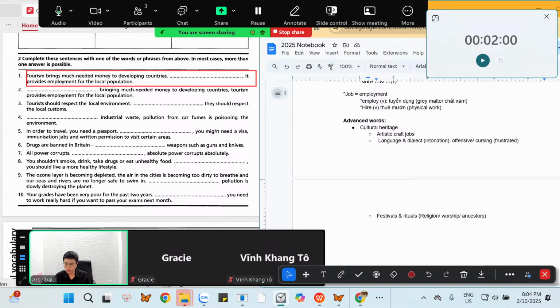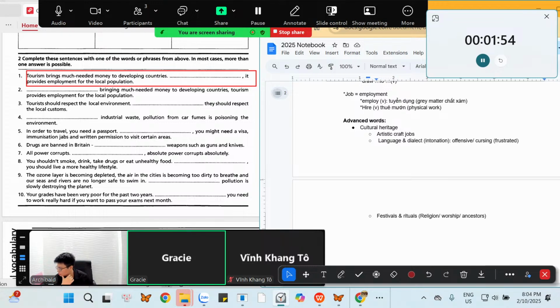Alright, so let's go crazy. Look at the words shown on the screen and show me your thoughts on the benefits of tourism to developing countries in terms of cultural heritage. Let's go crazy. I think tourism can support cultural heritage.